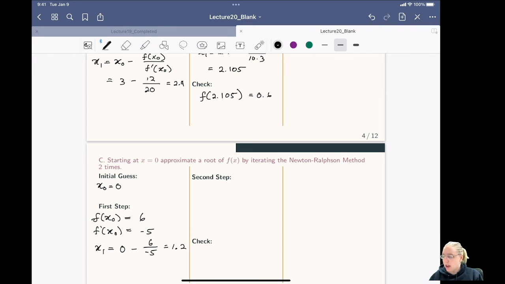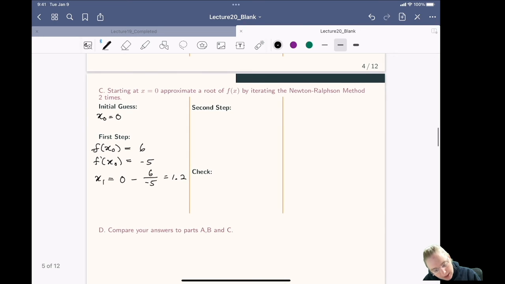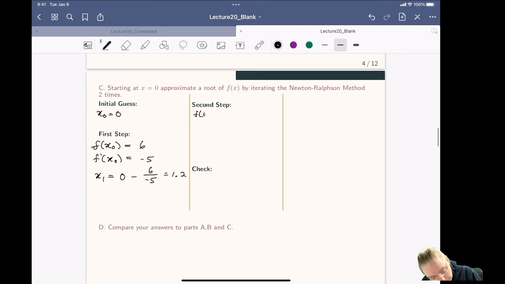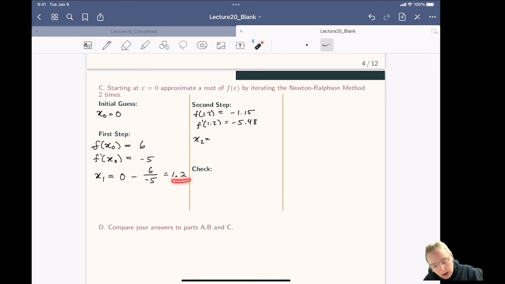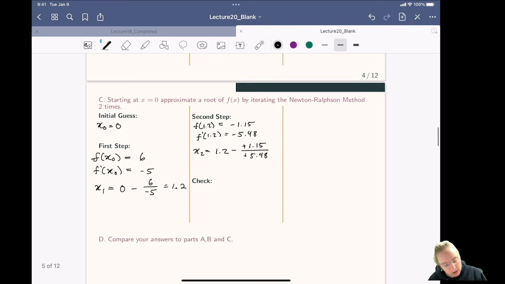All right, so now in order to calculate the next step, we need to figure out what f of 1.2 is. If I evaluate this, I get minus 1.15, and f prime of 1.2 is equal to minus 5.48. So then we end up with x2 is the x1 value, which is our previous guess of 1.2, minus minus 1.15 divided by minus 5.48, plus those cancel.